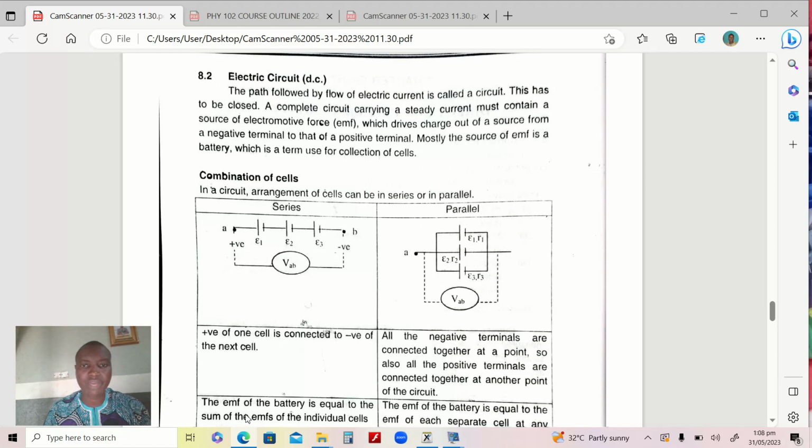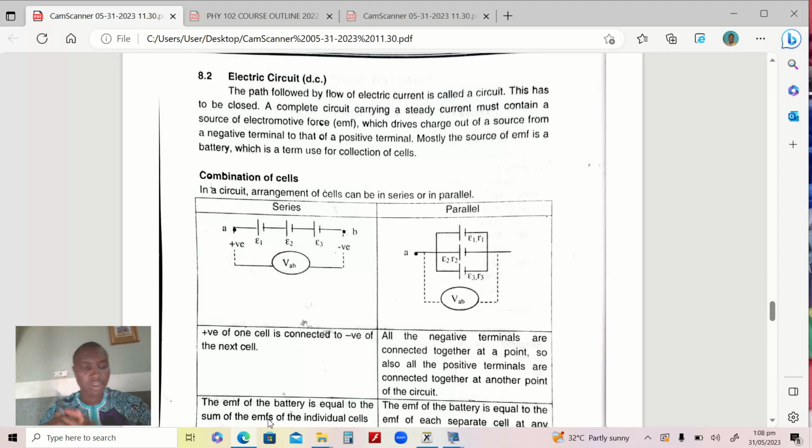A complete circuit carrying a steady current must contain a source of EMF, electromotive force, which drives charge out of the source from the negative terminal to the positive terminal. So it moves from negative to positive. Mostly the source of EMF is a battery, which is a term used for a collection of cells.